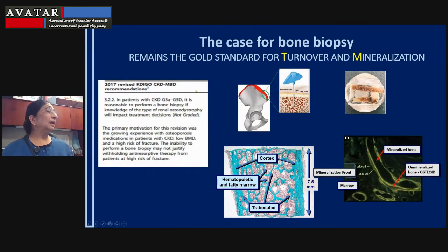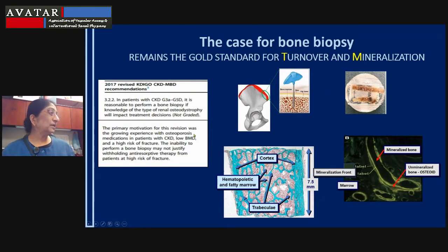And in the 2017 KDIGO revised recommendations, the indications for bone biopsy in patients with renal osteodystrophy was expanded.